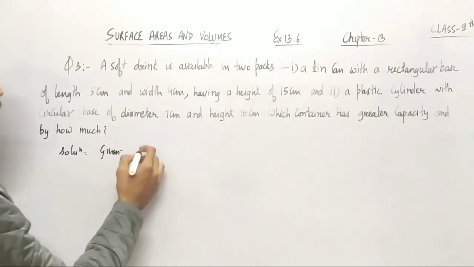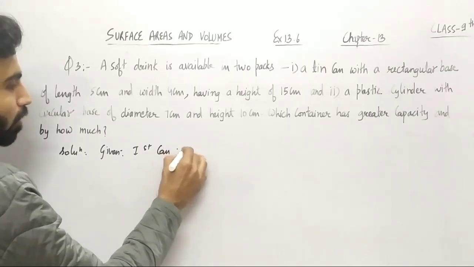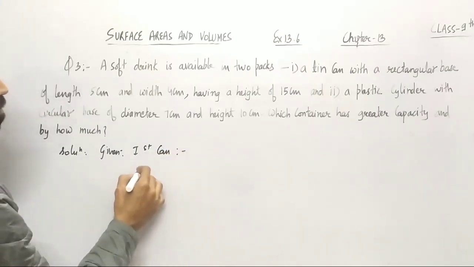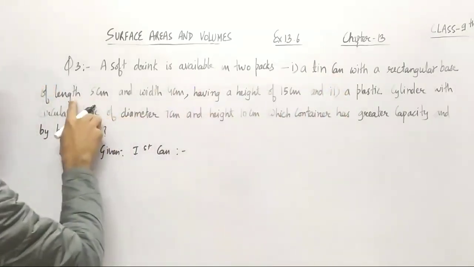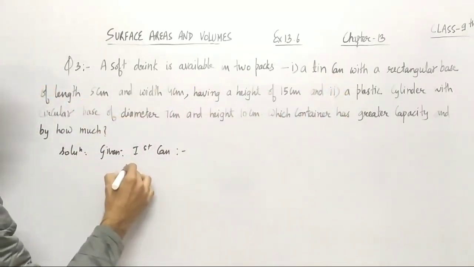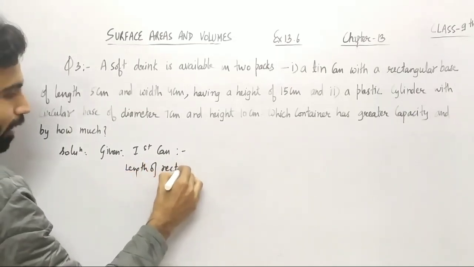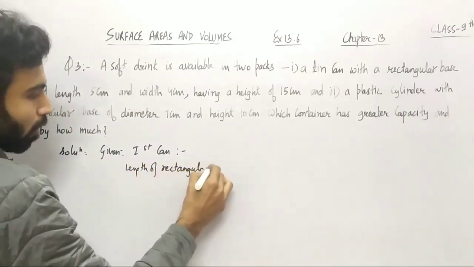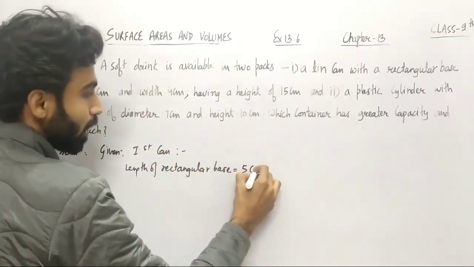So सबसे पहले मैं first can की बात करूंगा. So first can, right? So यहाँ पे क्या given है हमें, that you can see the tin can with a rectangular base. So you can see length of rectangular base, that is 5 centimeter, right?